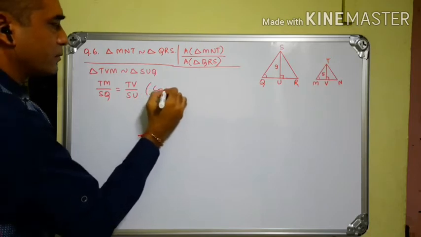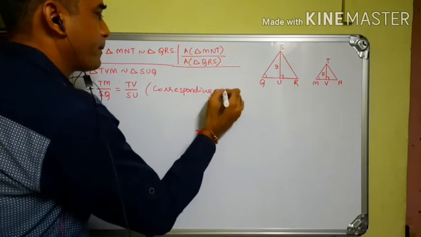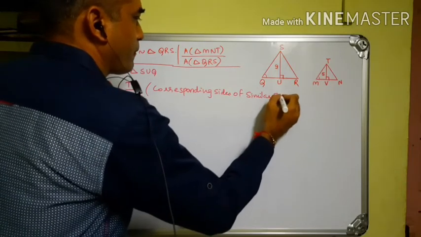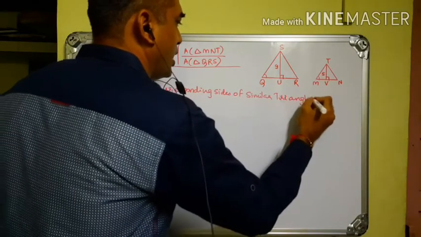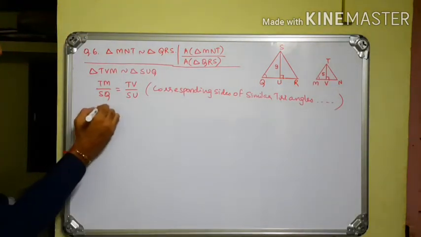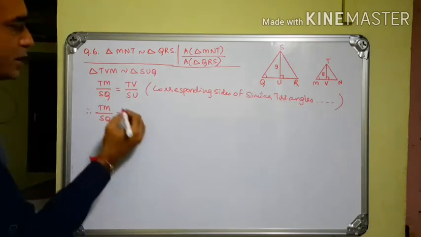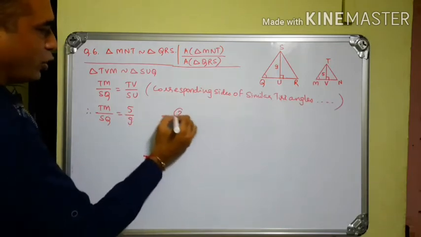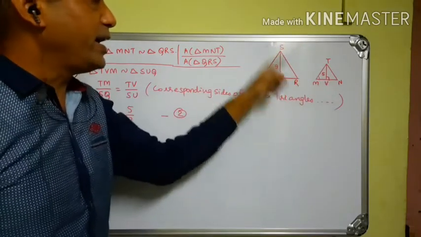Reason: corresponding sides of similar triangles are proportional. Therefore, TM upon SQ equals TV is 5 and SU is 9. So here we have got the ratio of corresponding sides of the triangle TMN and triangle SQR.